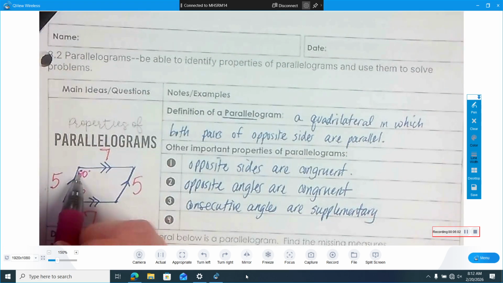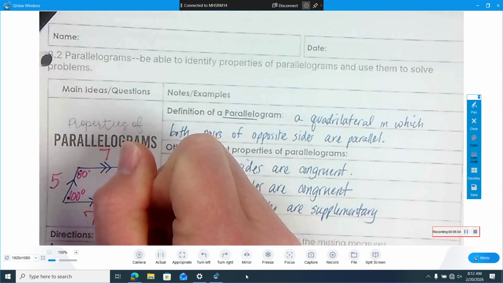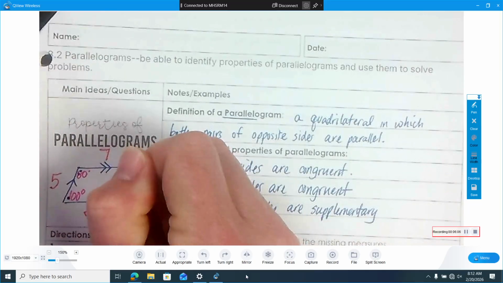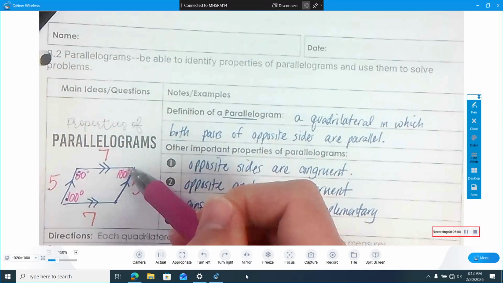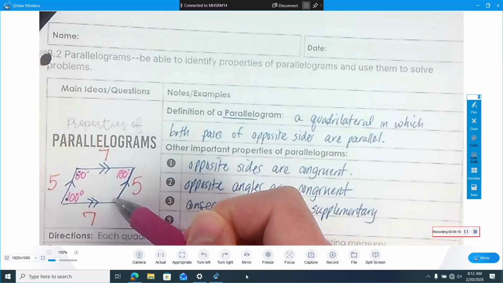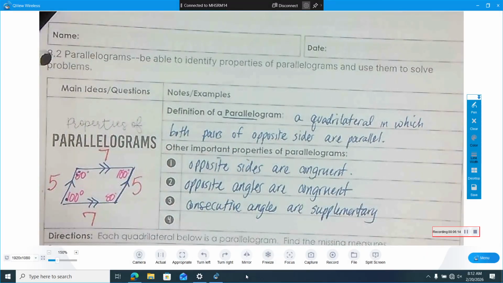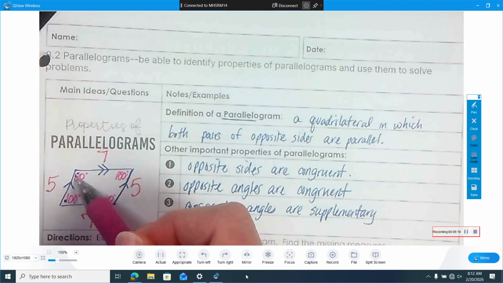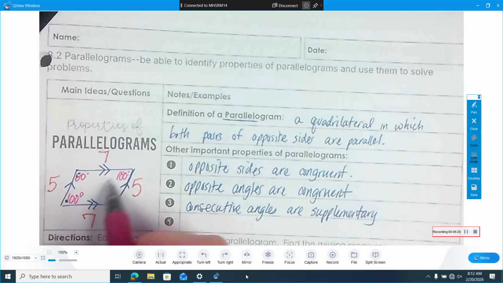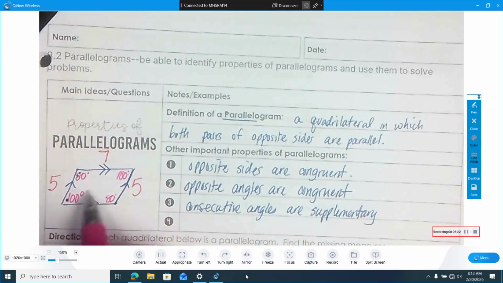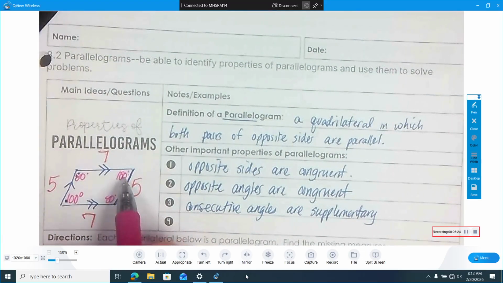So if this one is 80, what's this angle over here? 100. Okay. And if this top angle is 100, what's this bottom angle down here? 80. Okay. And so we can pretty easily see, just by knowing we have parallel lines, that not only are consecutive angles supplementary, but the opposite angles are congruent. Okay? So really easily working our way around that way.